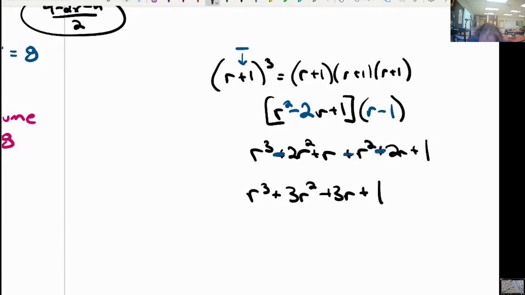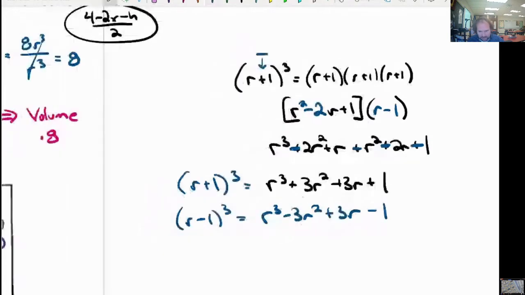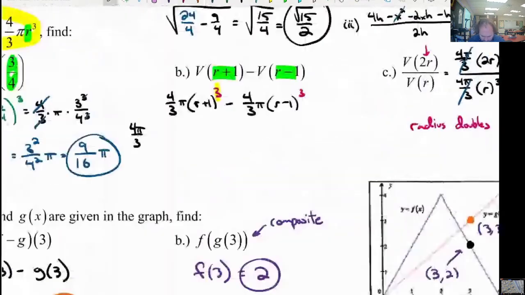Minus, minus, and minus. And that would change the answer to R to the third minus 3R squared plus 3R minus 1. There you go. So it's the same kind of answer, but some of the pluses and minuses are switched around. So this is R plus 1 to the third power, and this is R minus 1 to the third power. That will factor into how we answer this question right now, actually.